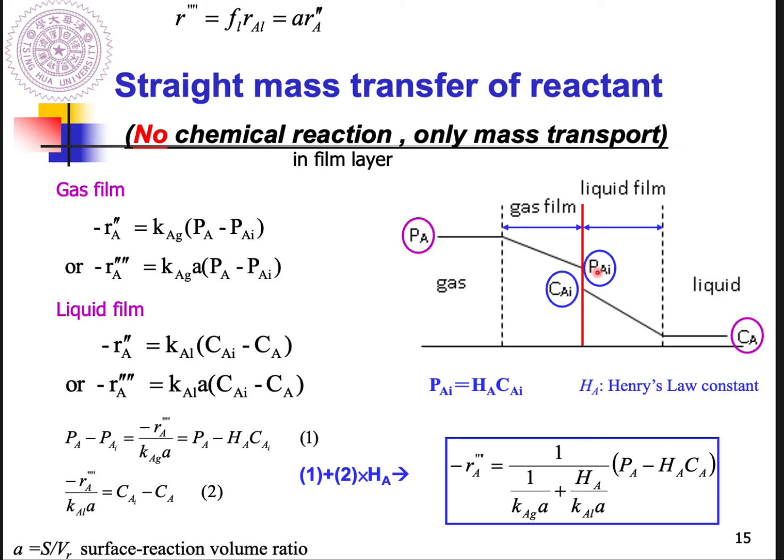P_AI, the partial pressure of A at the interface. Based on the solubility of A dissolved into the liquid phase, we get C_AI. So as long as we know the Henry's constant, we can get C_AI. After A enters the liquid film, it also diffuses through the liquid film and arrives at the bulk liquid, and we get the concentration C_A.